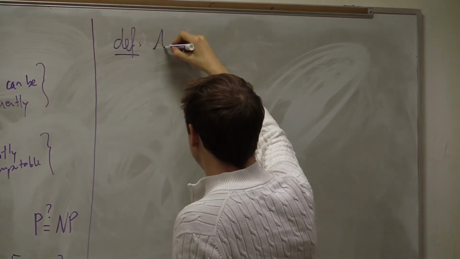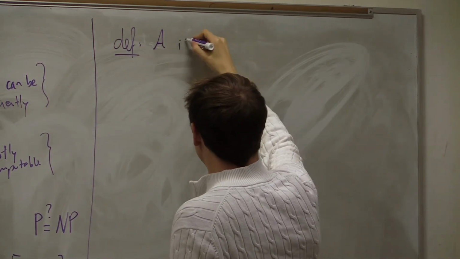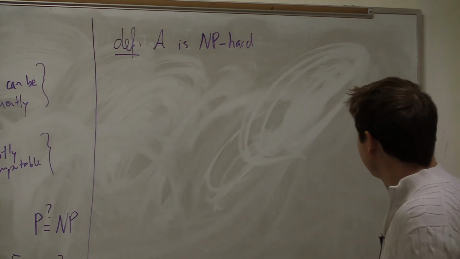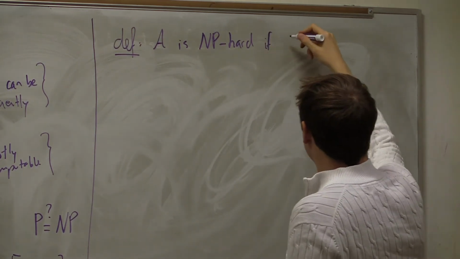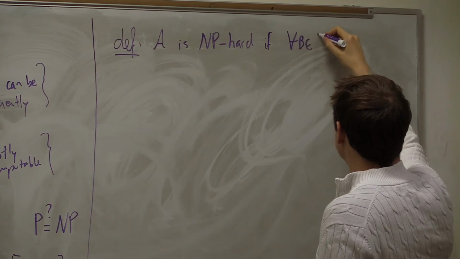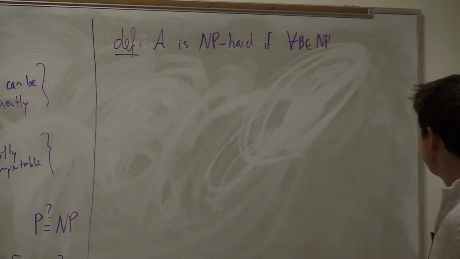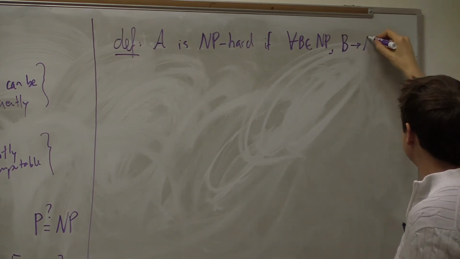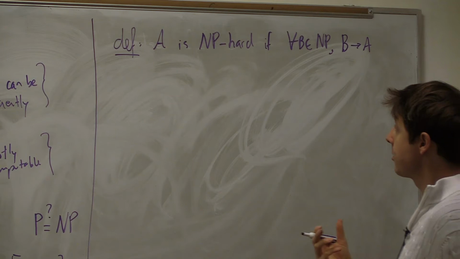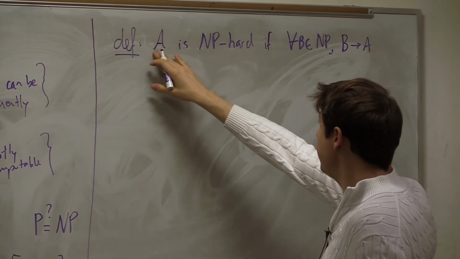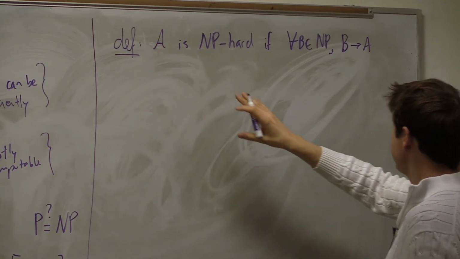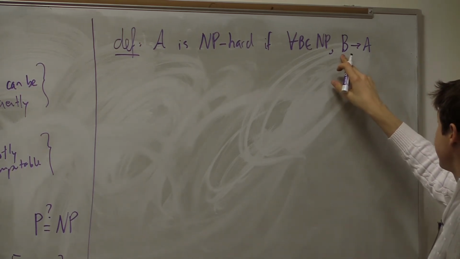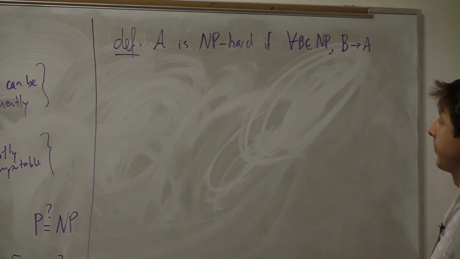So we're going to say a problem A, a relation A, is NP hard if for every B in NP, so for every other relation in NP, B can be reduced to A. Namely, if you have an algorithm to solve the decision problem associated to A, you can use a reduction to turn that algorithm into an algorithm that decides the decision problem for B, for any B in NP.